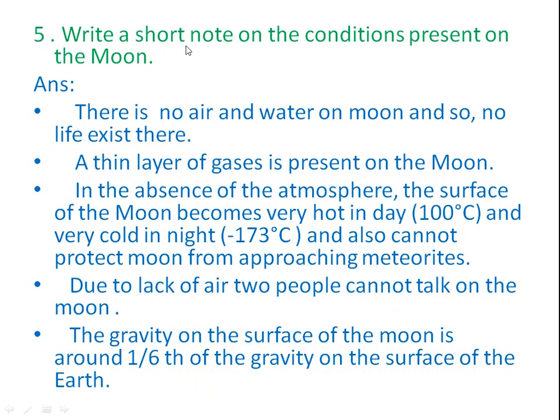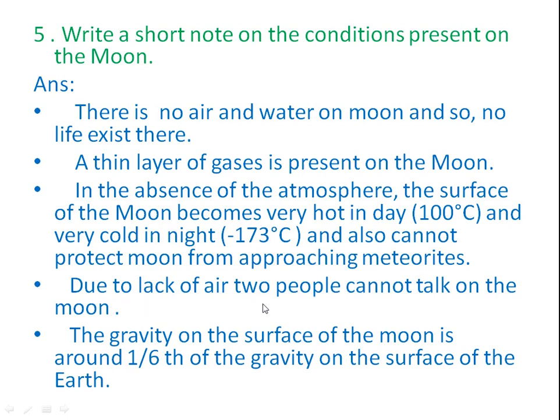Fifth question. Write a short note on the conditions present on the moon. See here, answer. There is no air and water on the moon, and so no life exists there. A thin layer of gases is present on the moon. In the absence of the atmosphere, the surface of the moon becomes very hot in the day, 100 degrees, and very cold at night, minus 173 degrees, and also cannot protect the moon from approaching meteorites.